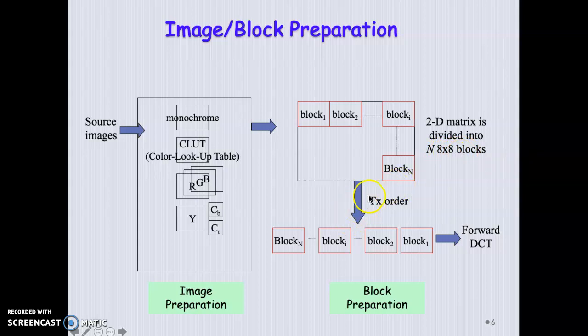From this you will do the TX order, so you will sort it into block 1, 2, 3, 4 until block n. Once you complete, each of the blocks will be transformed using forward DCT.